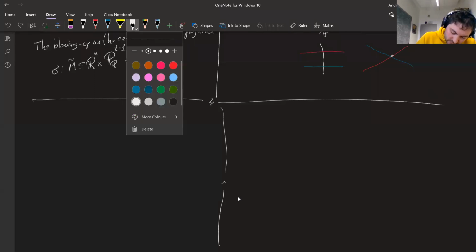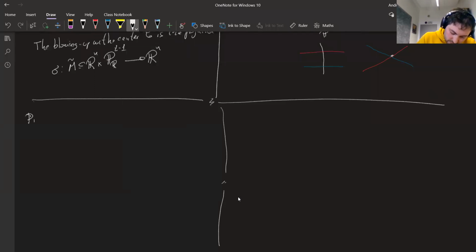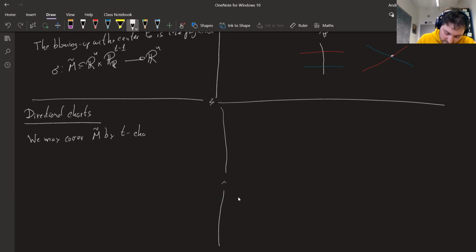A comment about the directional charts. So it's a projective space, so we cover M tilde by T local charts of the following form.